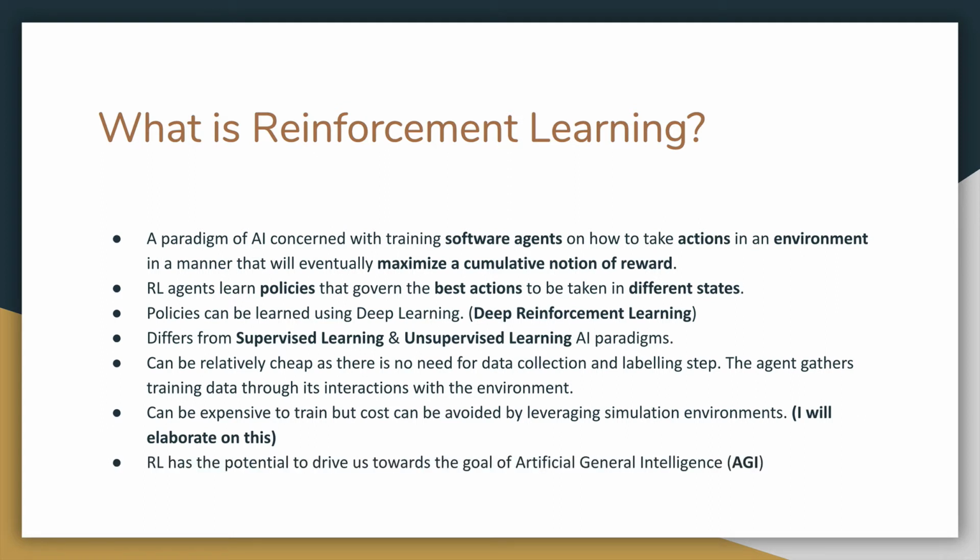And one last thing I want to talk about the paradigm of reinforcement learning is that reinforcement learning has the potential to drive us towards the goal of artificial general intelligence. So there is a big misconception about AI when a lot of people hear about AI and then they begin to talk about AI super laws and AI taking over humans and controlling humans.